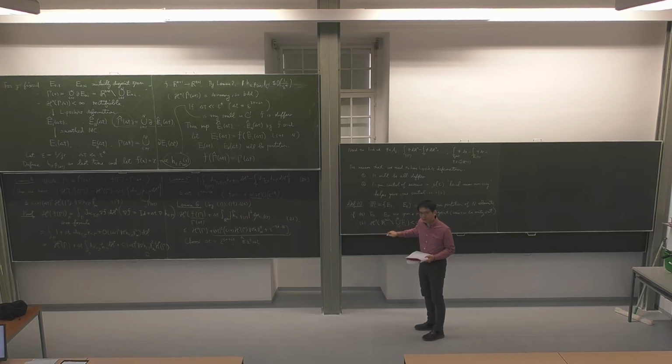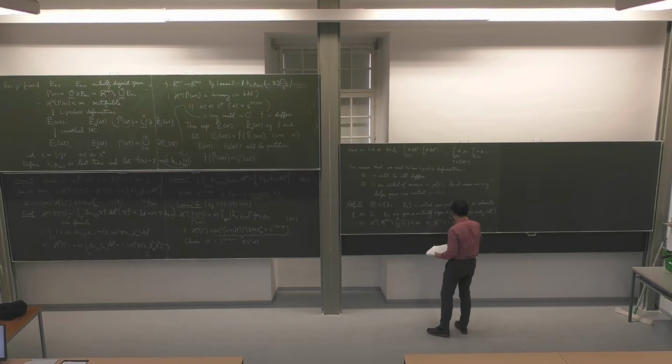In particular, this set cannot have interior points, because interior points would make the measure not finite. So this implies, in particular, that R^(n+1) minus this set is just a union of the E_i, and the complement is the union of the boundaries, because there is no interior point.